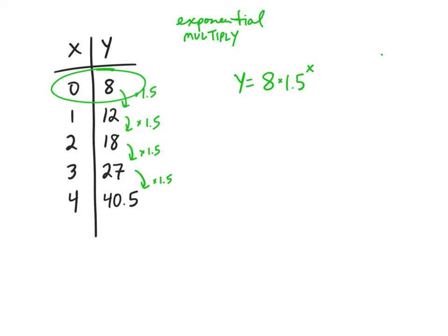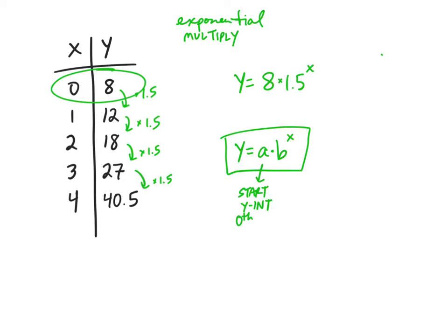What I'd like to make a mental note of just for later is that the form of an equation, which I don't do too much stuff on forms or formulas, is y equals a times b to the power of x, where a is your start, a is your y-intercept, a is your 0th term. We've talked about this when we just did geometric sequences.